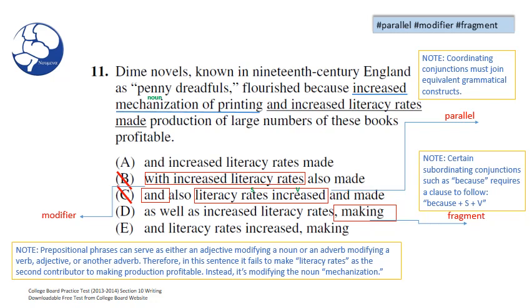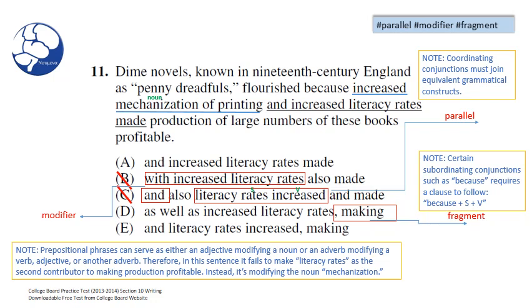Here, if you see our note, certain subordinating conjunctions, such as because, require a clause to follow. Because plus a subject plus a verb. Because of the present participle form making, we no longer have a verb for this idea to be complete. So we have a fragment.